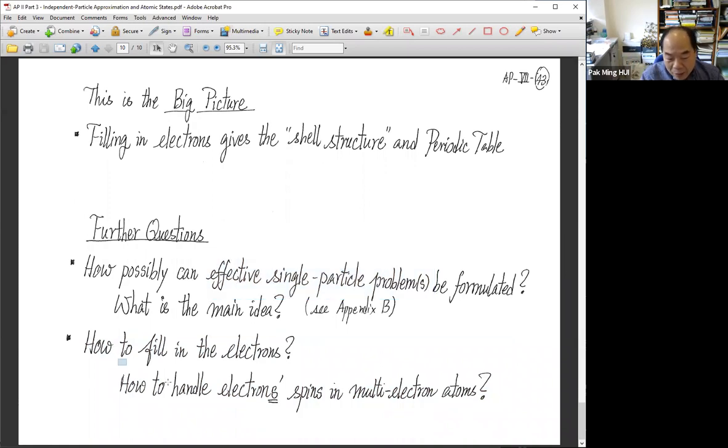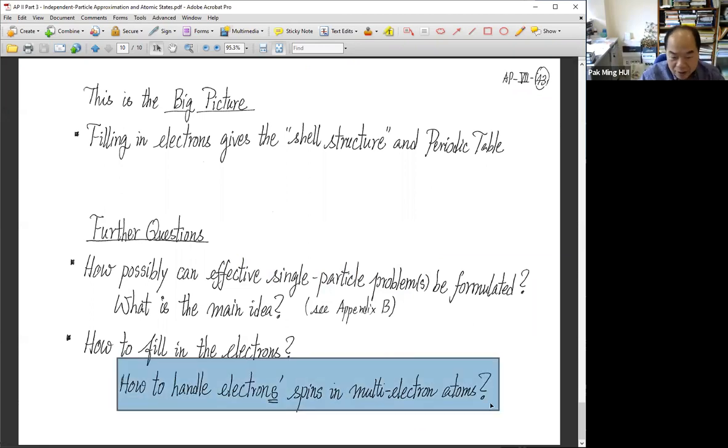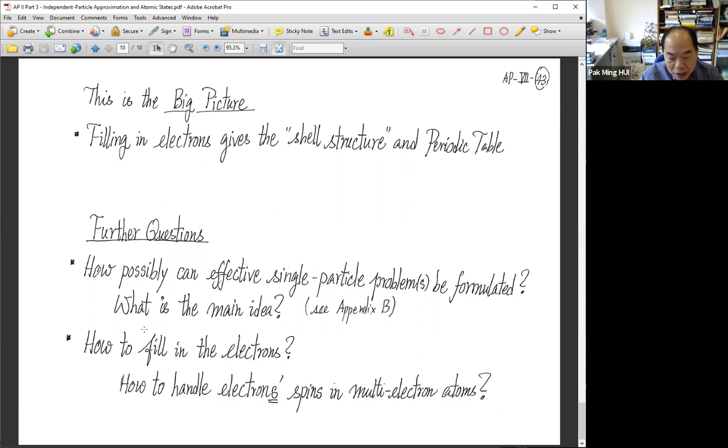So we will now look at how to include spin, how to fill spin states in, or more generally, how to fill electrons. What is the rule? Can we put all the electrons in 1s? Okay, why not? So that is the question we want to explore now.